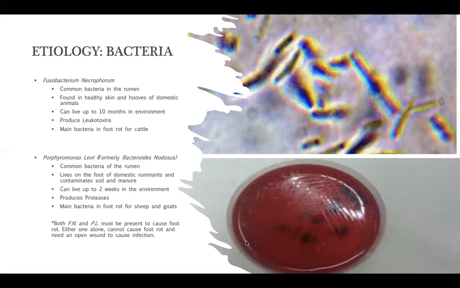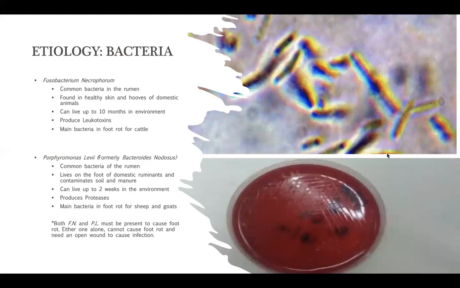And upon my research, again, both of these bacteria have to be present. But in cattle, the bacteria that is dominant is Fusobacterium necrophorum, whereas in sheep and goats, Porphyromonas levii is the main bacteria that causes foot rot for them.